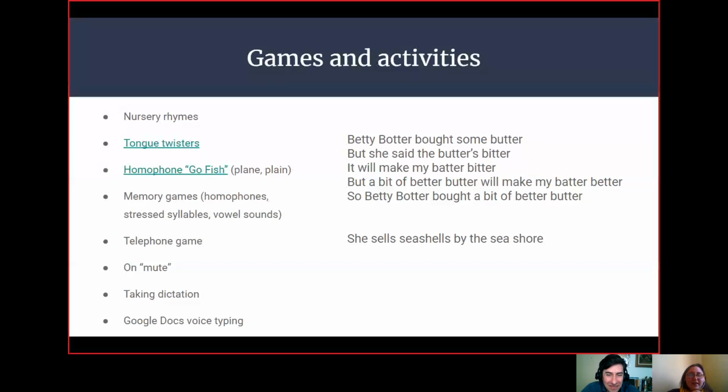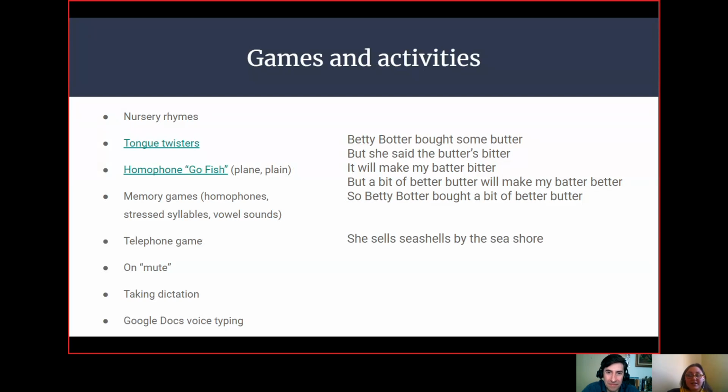Let's see. We also have, you can play the card game Go Fish. And this is helpful with homophones. So you give your students 5, 6, 7 cards each, and they ask the other students, do you have a word that sounds like plane?